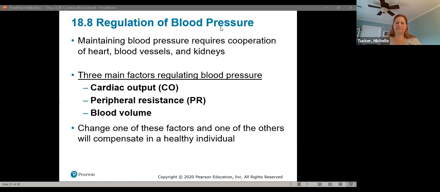Regulation of blood pressure. There are three factors that are going to regulate blood pressure: cardiac output, peripheral resistance, and blood volume.